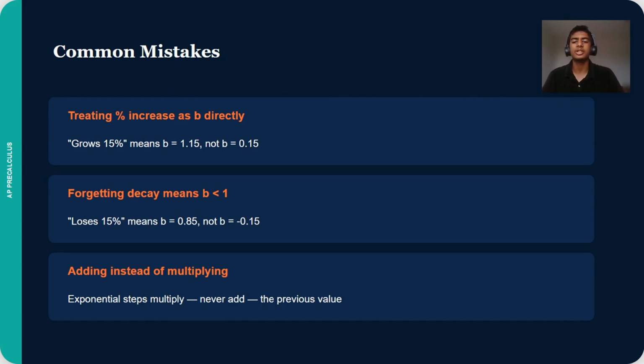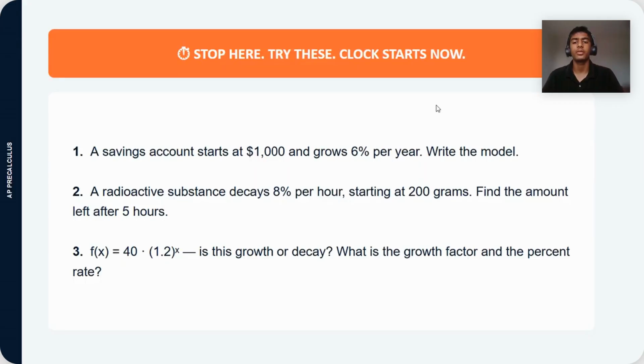Reading the step like addition instead of multiplication, especially under exam pressure, where people default to what feels familiar. Every one of these is a knee-jerk mistake, not a knowledge gap, so slow down and check your b value before you move on. Okay, pause the video, try these three, and I'll wait.